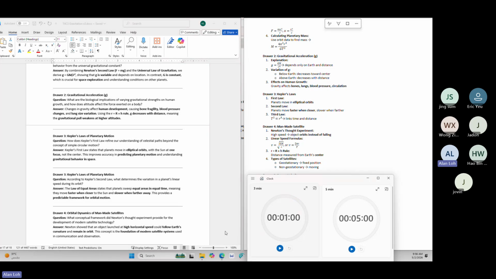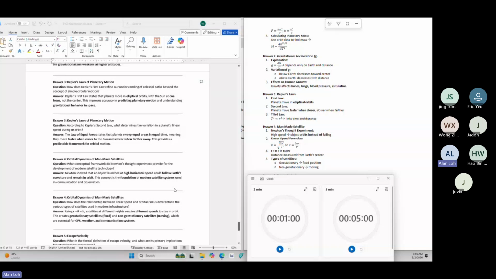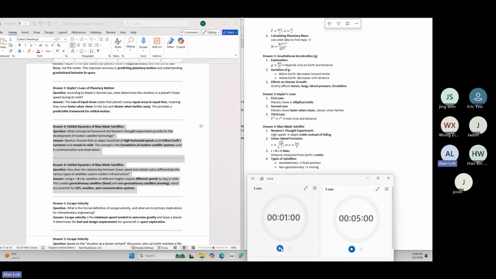All right. Drawer 4 leveled up to 7. Let's start now.